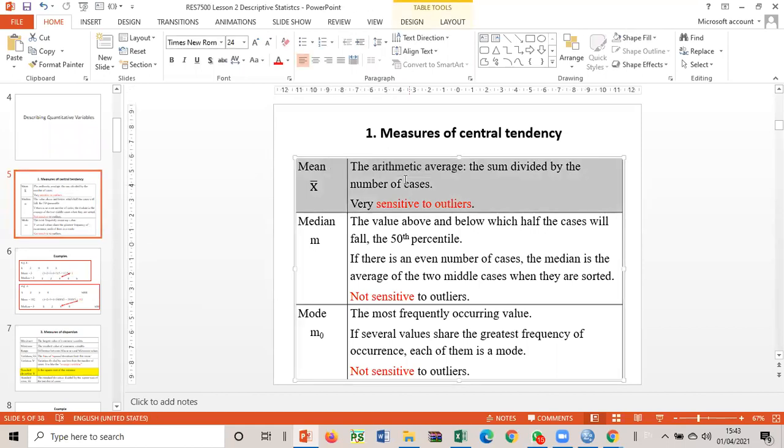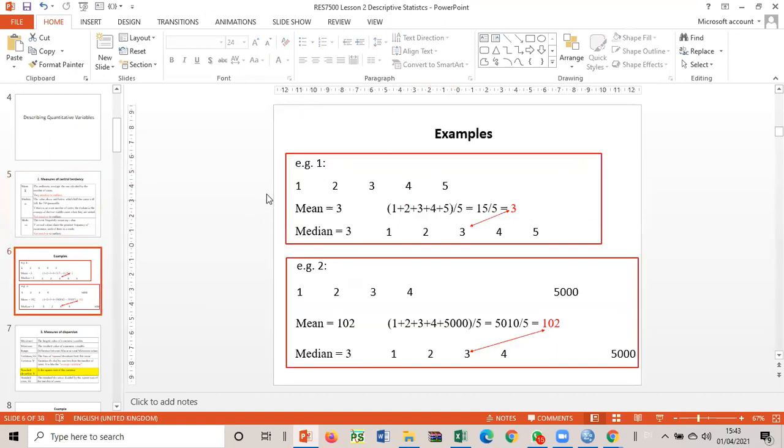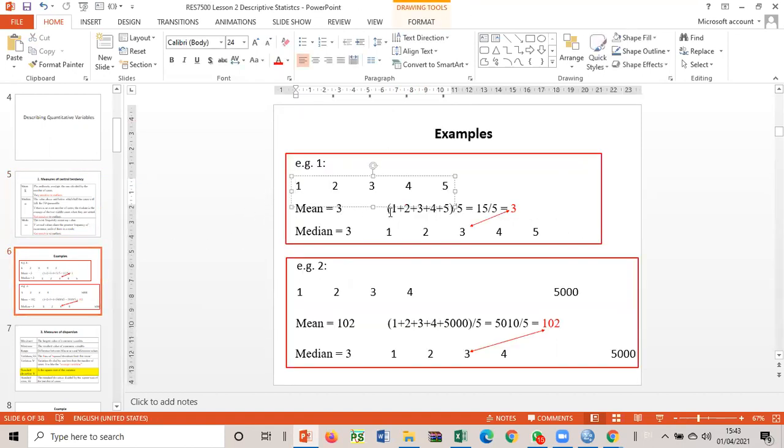What's the mean? Arithmetic average. So add all these values. How much do you get? 15. 15 divided by 5. Why divide by 5? Because there are 5 elements. You added 5 values. So the answer is 3. So when I say the mean is 3.